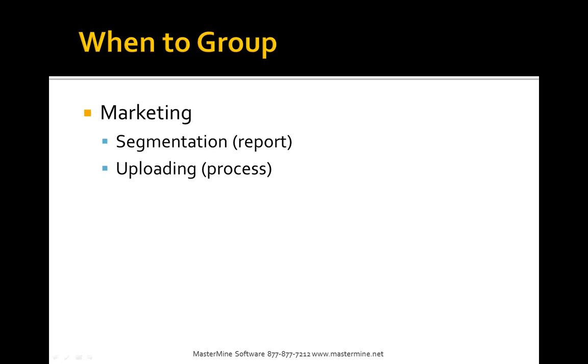That's just one example. So for segmentation in marketing, you really want to be able to take your A customers, your B customers, and your C customers. They may not actually say A, B, and C in the goldmine database, but based on criteria like past buying behavior, the potential of the customer to buy, and the recency of the lead, those sorts of criteria are all contained in goldmine.